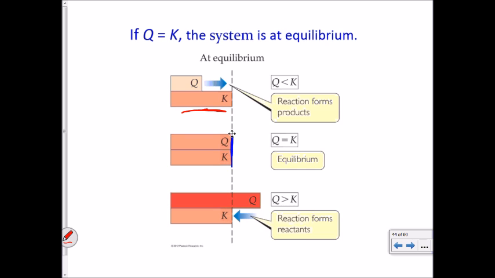And if Q is greater than K, it's going to have to shift in order to get back to equilibrium. That word shift again means proceed towards a certain direction, in order to reestablish the normal proportion that K gave us in the first place.